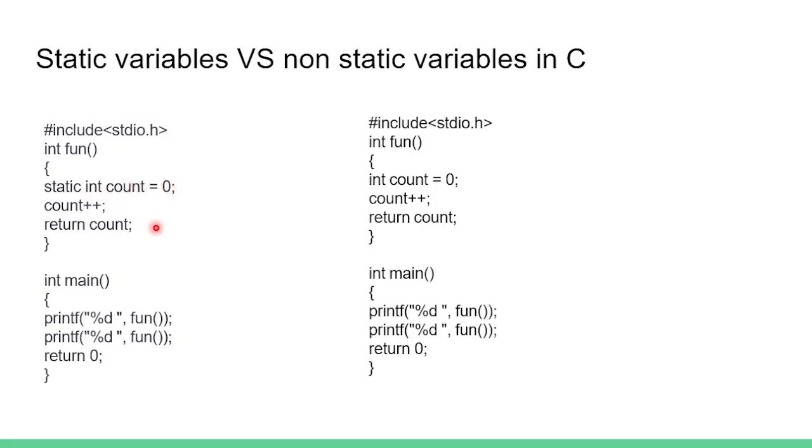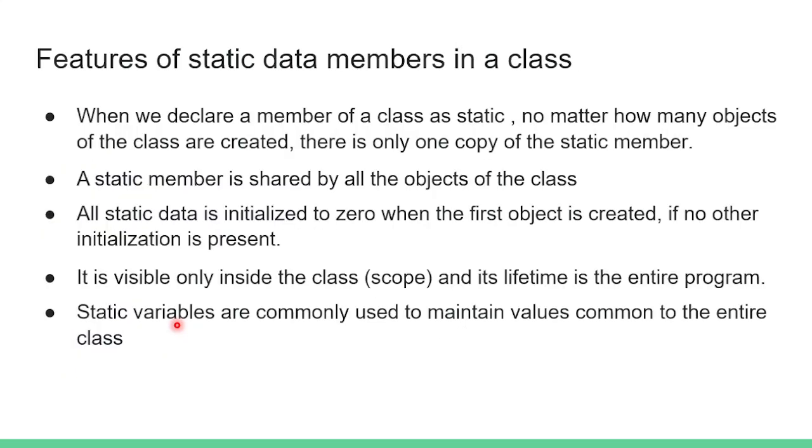So in this case, the first printf of fun() will give count as 1, and count++ will make it 2, and we'll get 2. So the output for this program will be 1 2. I hope you understood the difference between static variables and non-static variables in C.